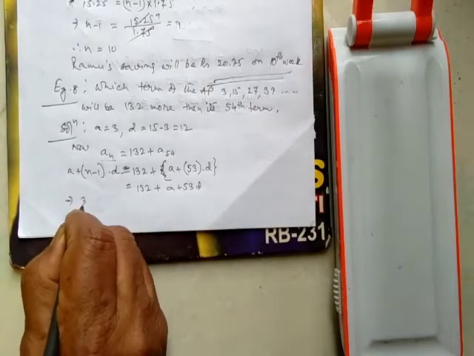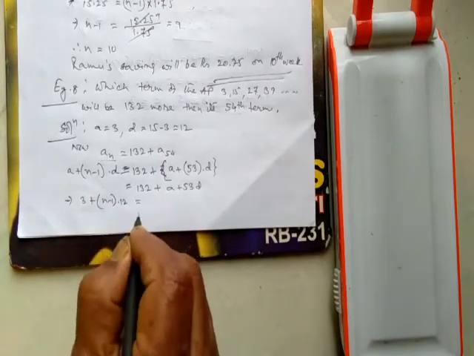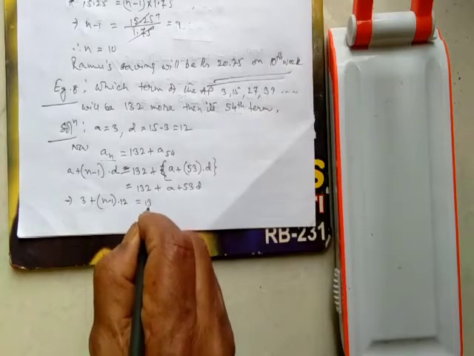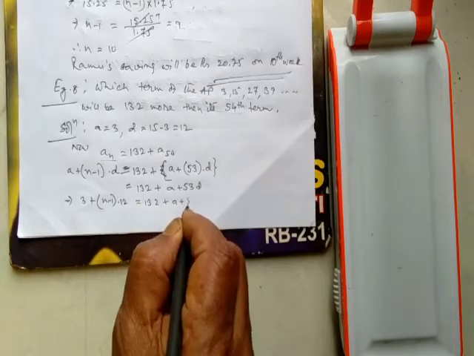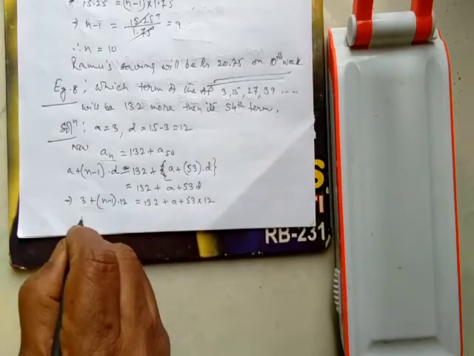A is equal to 3, so 3 plus n minus 1 into D is equal to 132 plus A plus 53 into D. The D value I am putting.